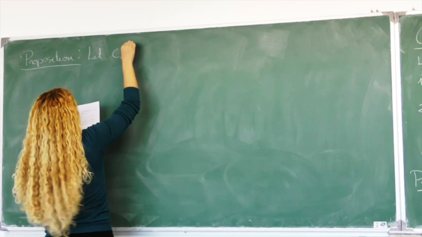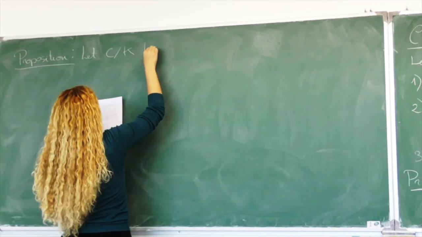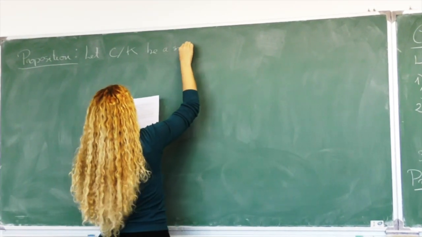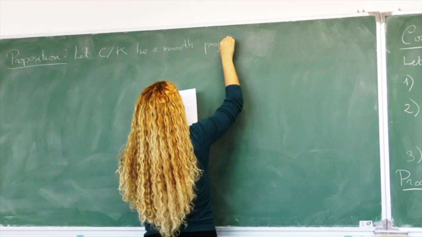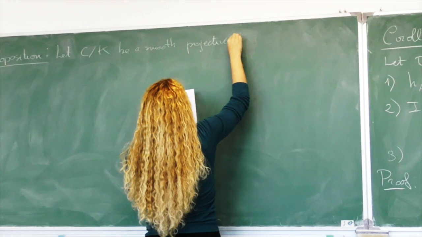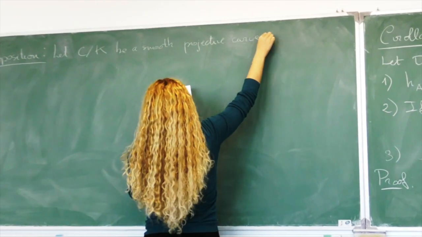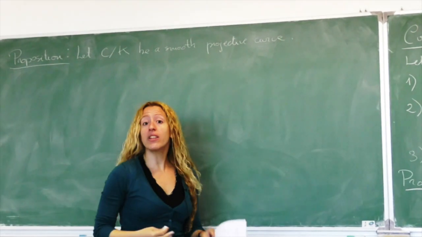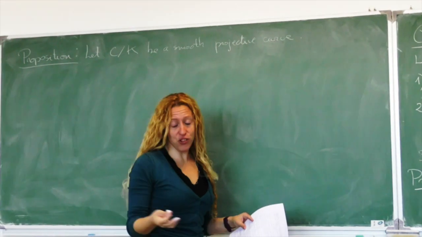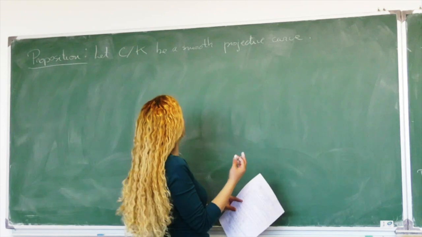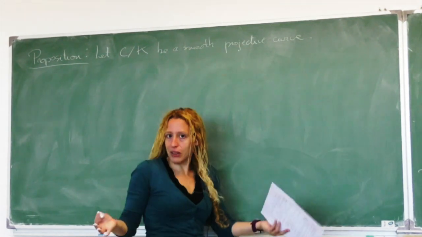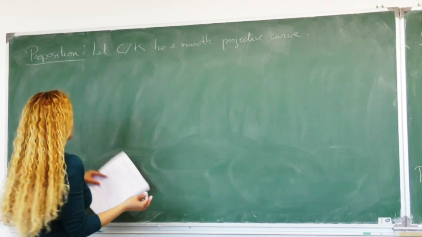So, let K be a smooth projective curve. I recall that a curve is a variety of dimension 1. So all this Weil height machinery that we developed applies also for the particular case of curves, so varieties of dimension 1.